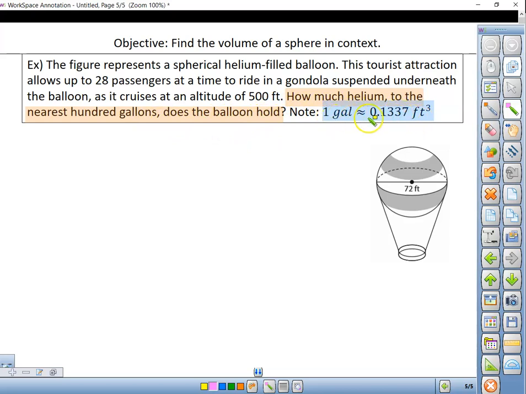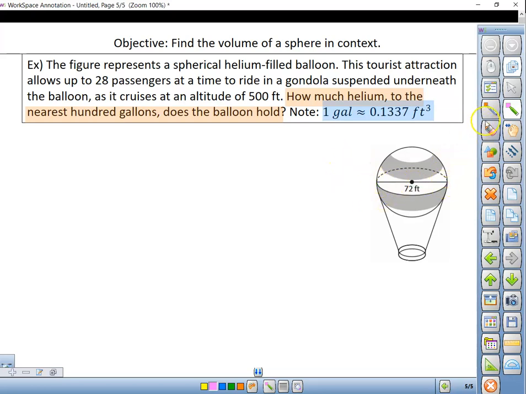That's all based on this conversion ratio and an understanding that the helium is going to be on the inside of the balloon filling it up. That's a capacity situation, which is a volume problem. And so we need our cubic feet calculation, and then we can convert to gallons.